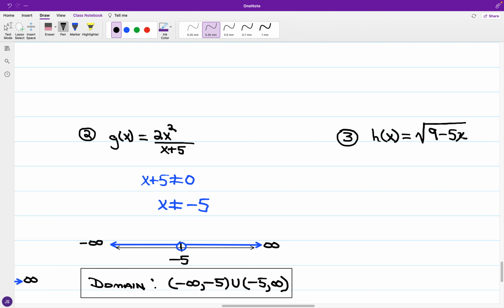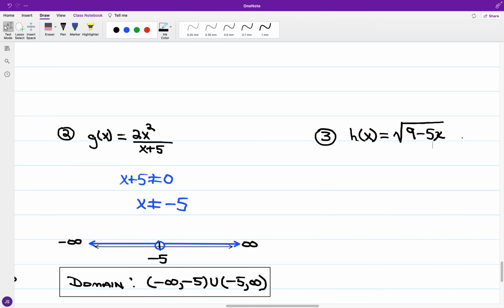In terms of any restrictions, we now have h of x in the form of an even root radical.